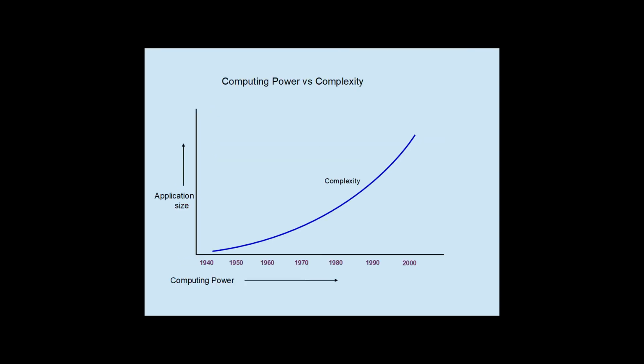Here's a diagram indicating how the complexity of computer programs was increasing as the power of the computer increased. Complexity in a computer program adversely affects the time of development and the application's maintainability. An application's maintainability refers to requests for modification and/or extensions to the application's functionality.